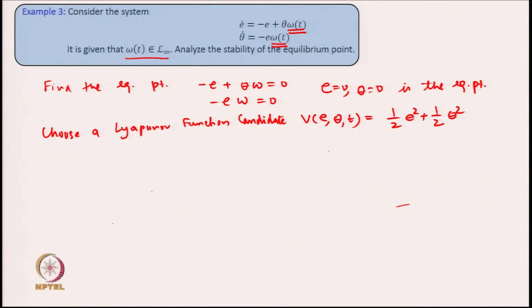It is positive definite, it is decrescent, and it is radially unbounded. So, it satisfies all the nice properties. Let us differentiate this. V dot is equal to E times E dot plus theta times theta dot, which is equal to E times, we substitute the dynamics.